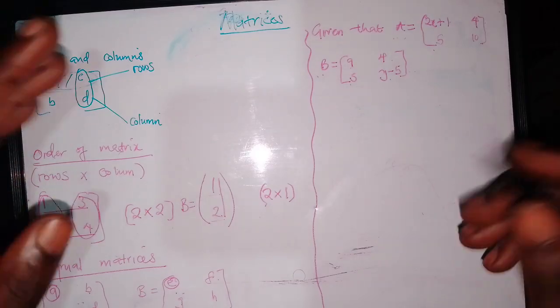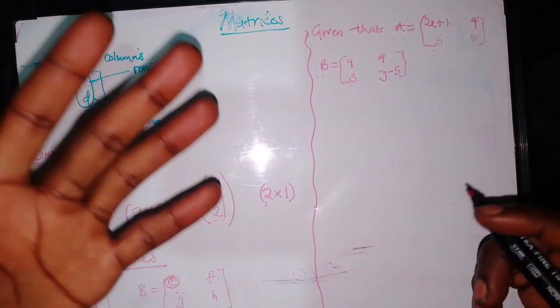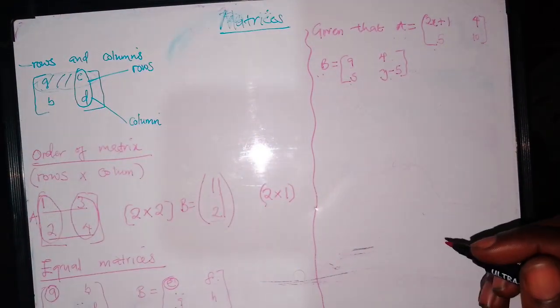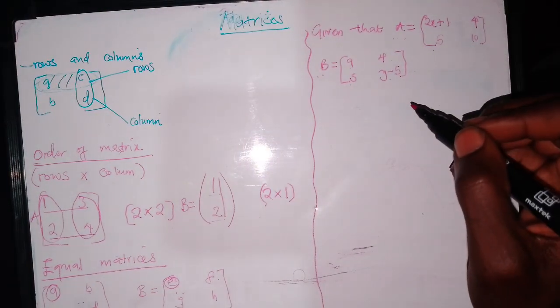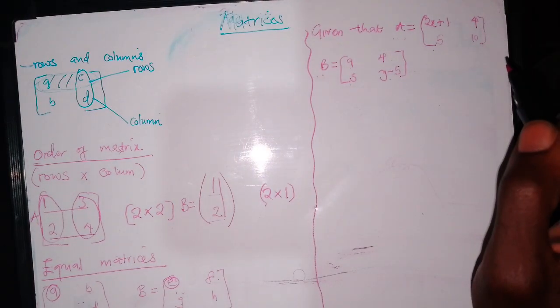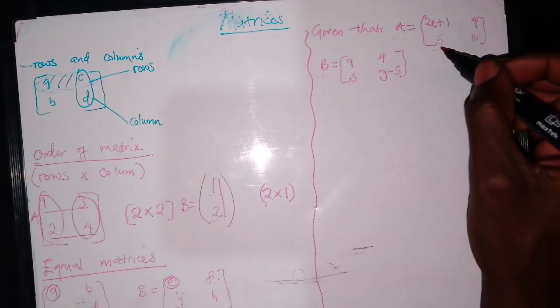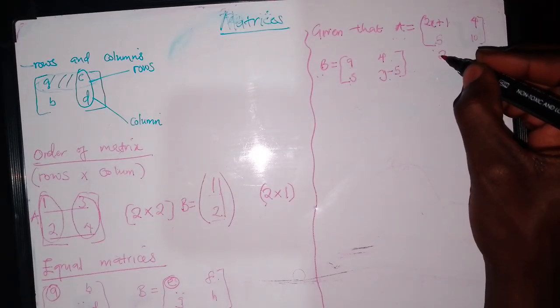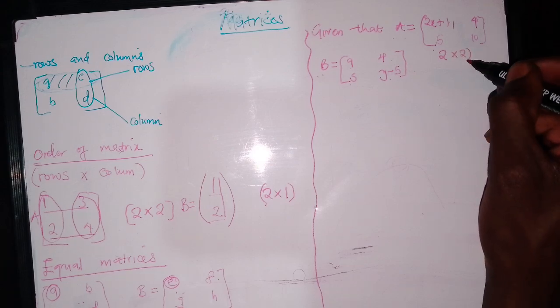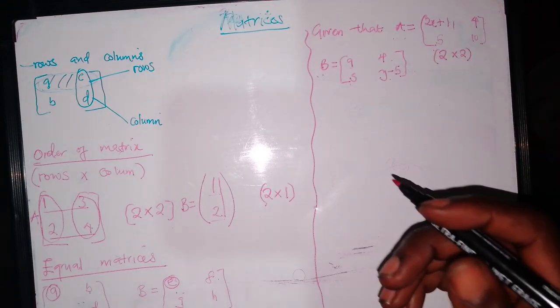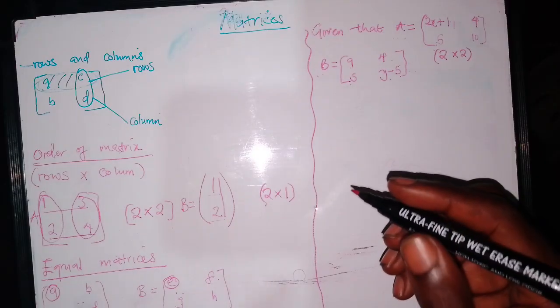The first step is to write the order of the matrices. For matrix A, how many rows does it have? It has 1, 2. So matrix A has 2 rows and how many columns? Also 2. Then moving on to matrix B, how many rows and columns?